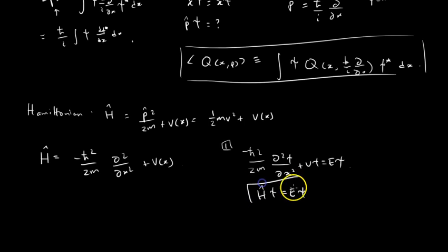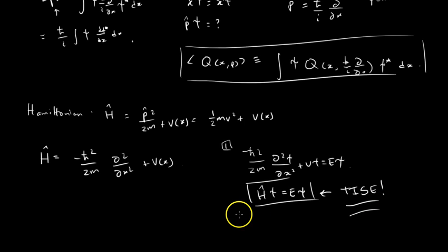In fact, this is the simplified version of the time-independent Schrodinger equation. Because H, the Hamiltonian operator, the energy operator, is acting on psi to give you the energy.